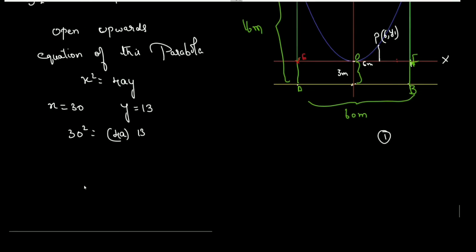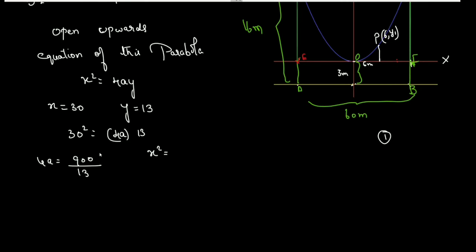So we get 4a is equal to 900 by 13. Let us substitute this in the equation of the parabola. The equation of the parabola is x square is 4ay, so x square is equal to 900 by 13 into y.